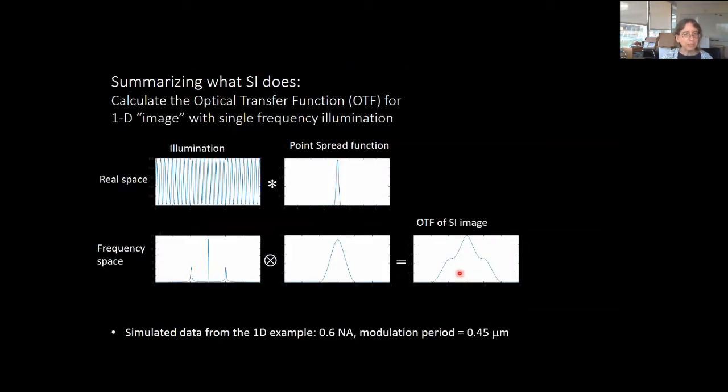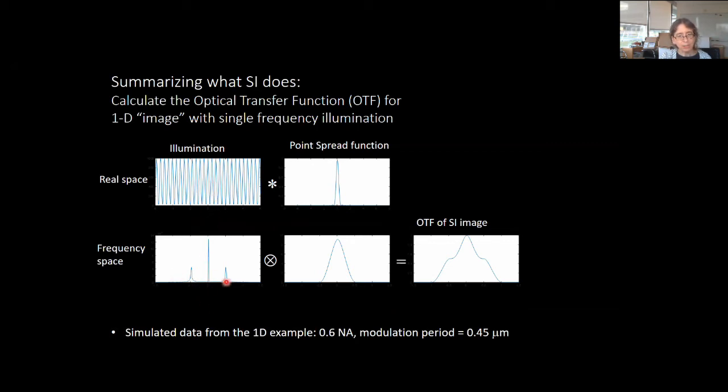So in order to summarize what the structured illumination is doing in this system, the thing to do is to calculate the optical transfer function, and that's going to show you how much you were able to extend the resolution of your image. You get the optical transfer function by taking the Fourier transform of the point spread function in the image. And that's easy to calculate by taking the Fourier transform of our illumination, which is a sine wave.